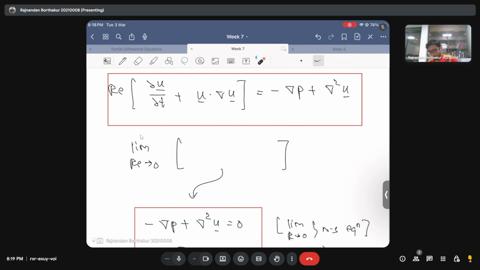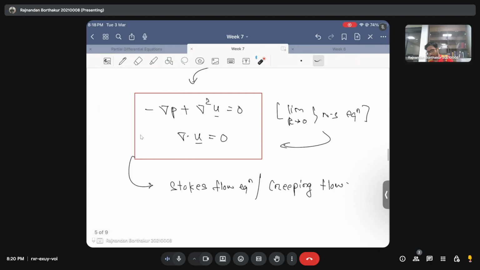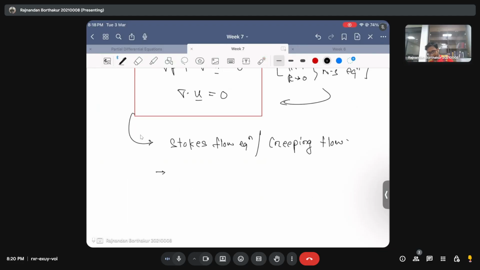The Navier-Stokes equations are non-linear because of this convective term, u dot grad u. But in the limit when Reynolds number goes to 0, you essentially lose the non-linearity. So these Stokes flow equations, or the creeping flow equations, are essentially linear, which is not the case if we are solving the full Navier-Stokes equation. So these are linear in nature.